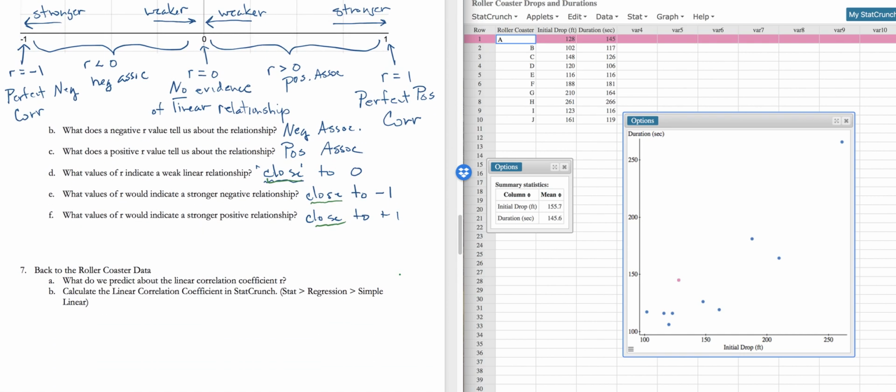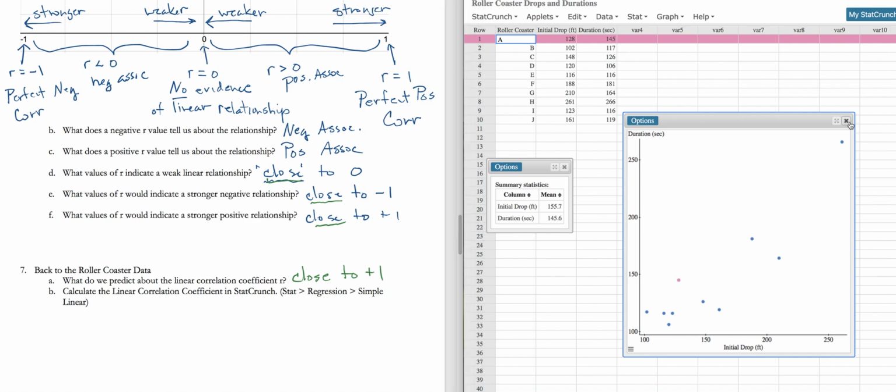So just to wrap this up, if we go back to that roller coaster data, which we still see on the right, what do we predict about that linear correlation coefficient R? Well, we thought that we had moderately strong positive correlation here, so we should come up with something close to +1. All right, let's see how that happens in StatCrunch.